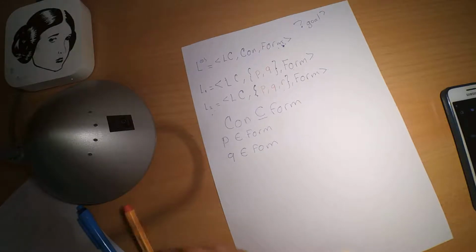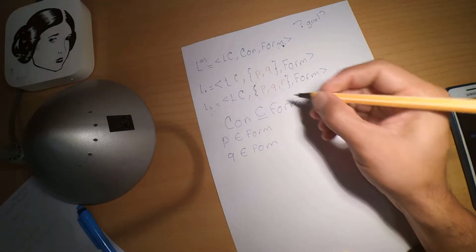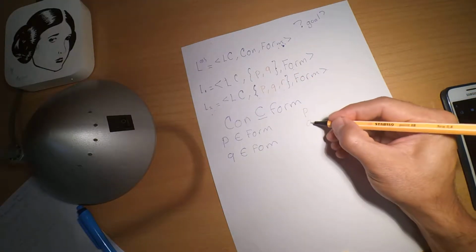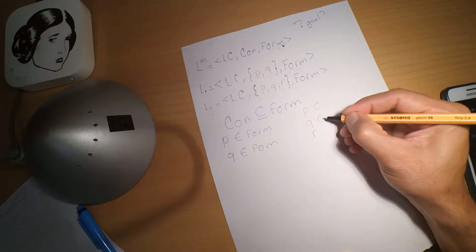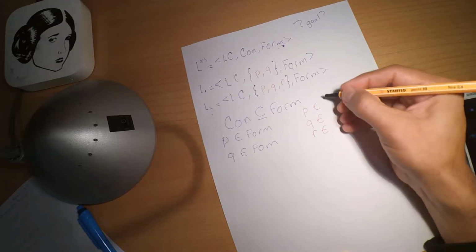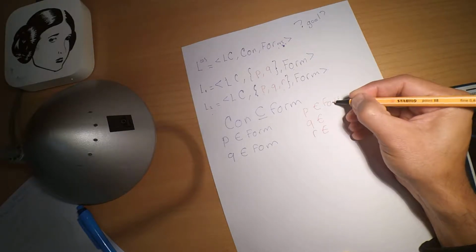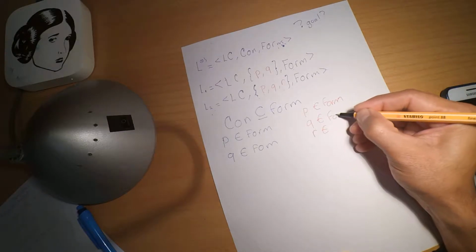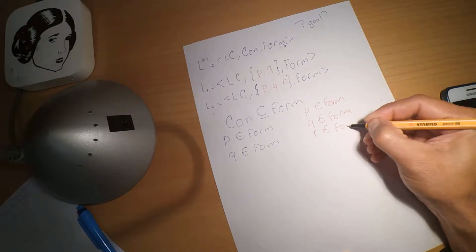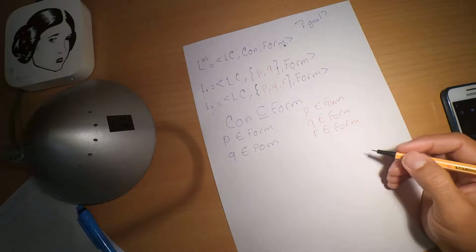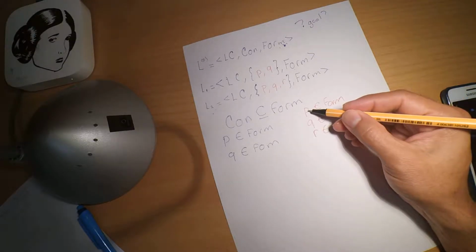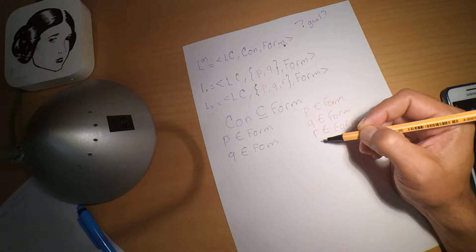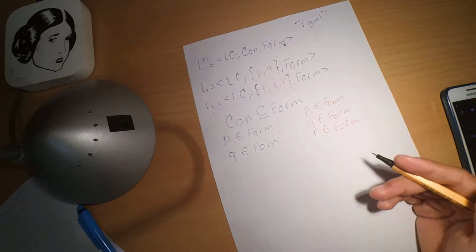On the other hand, P, Q and R in L2 belong to the form. That means, in my words, and I hope you can understand the way that I understand, that with these elements of the non-logical constants you can create many things.